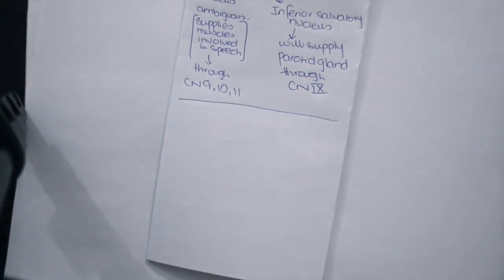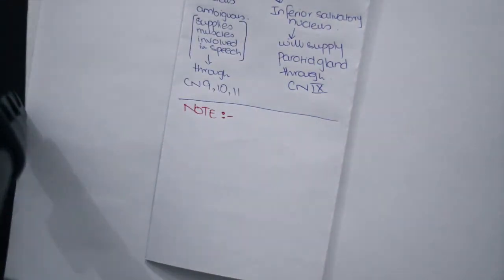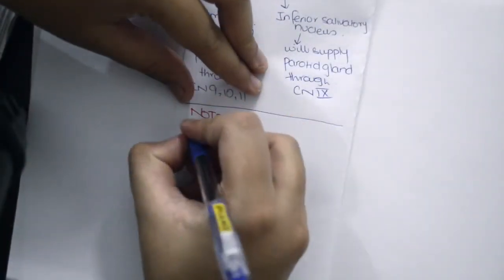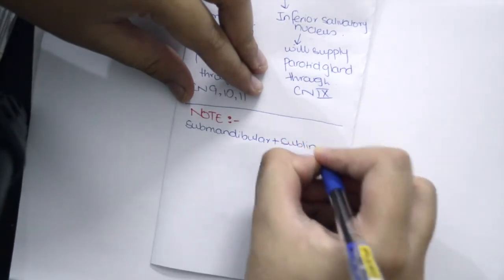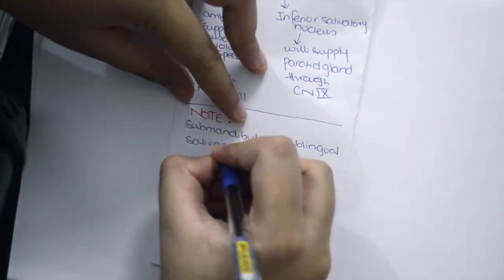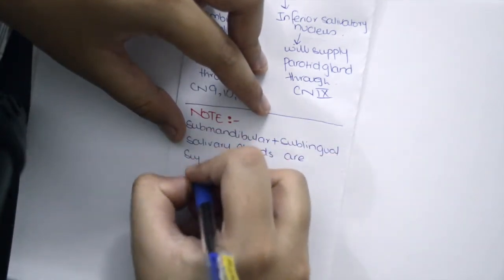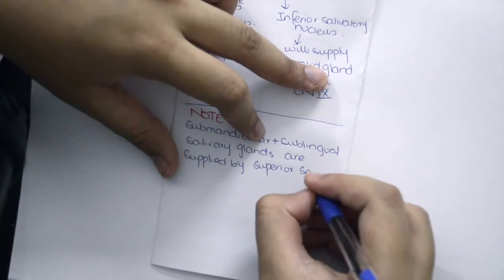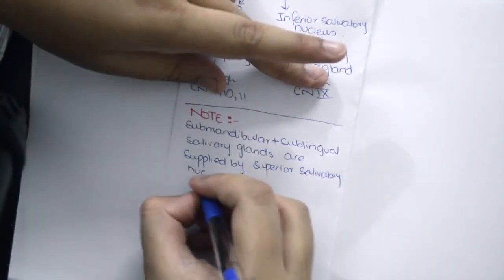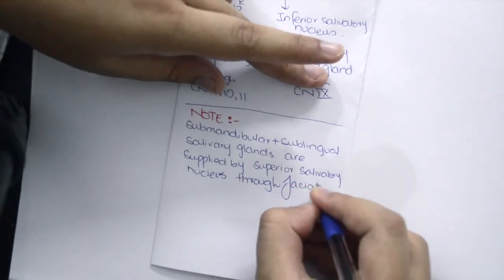Now there's a note that you should write down. Note it down that the submandibular and sublingual salivary glands are supplied by the superior salivatory nucleus through the facial nerve.